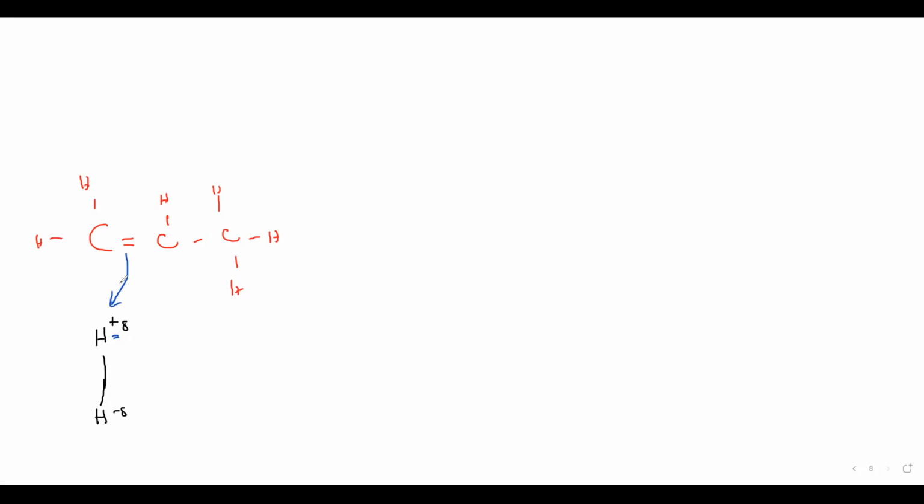So we draw the arrow from the negative side to the positive side, like the electron rich side to the electron deficient side. And the hydrogen which is there at the bottom will take both of the electrons. So when it takes both of the electrons, now two possibilities are there.